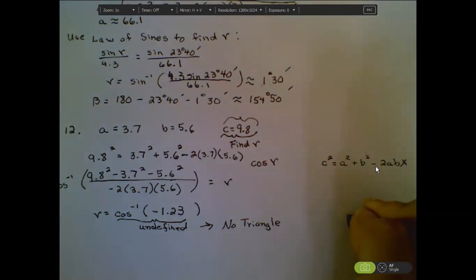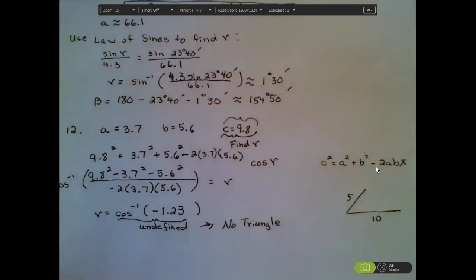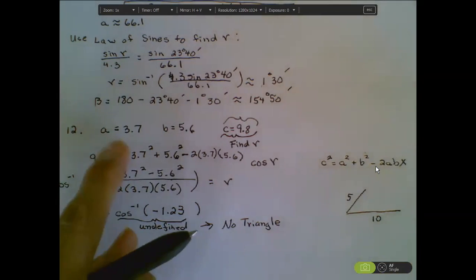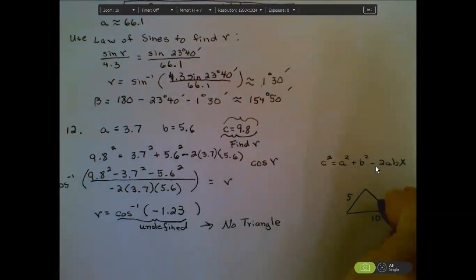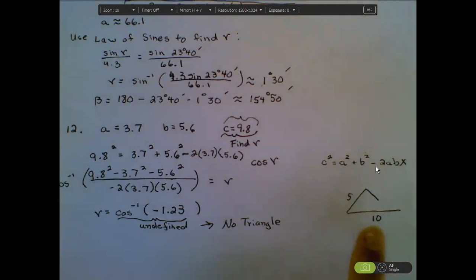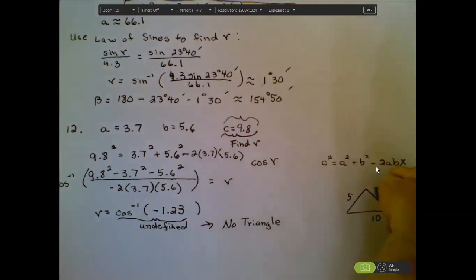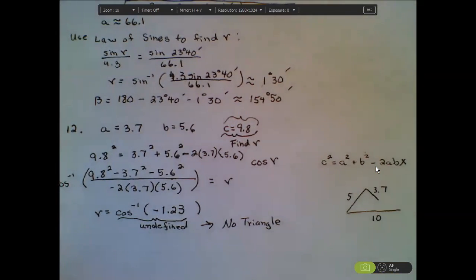Let's say this one is 10 and this one is only half of that. This third side is too short to connect with the long side. And that's why you can't make a triangle with those 3 sticks.